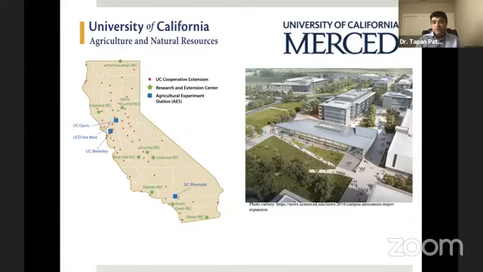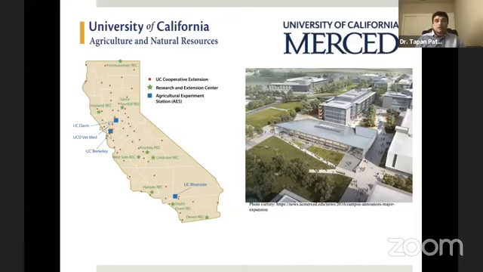You also see a picture on your right, which is the beautiful University of California Merced campus. That's the youngest campus of the University of California system. We have roughly 8,000 to 9,000 students, both undergrad and graduate students. We have 3 colleges, including the College of Engineering, a few research institutes, and many graduate groups very actively working on interdisciplinary research.